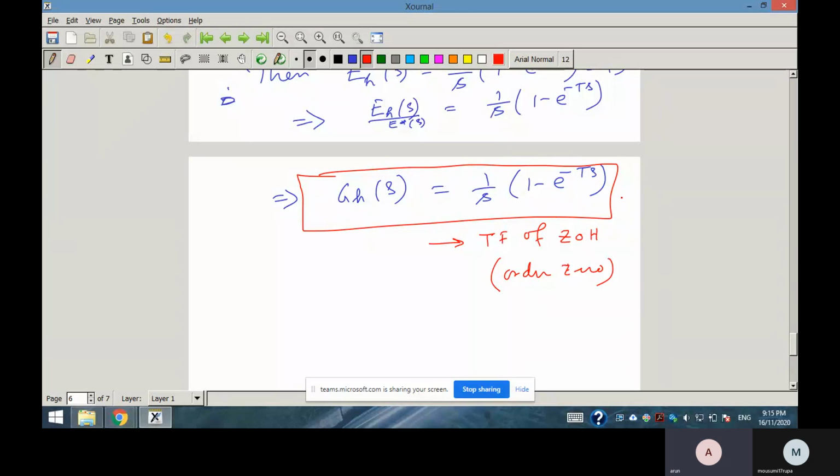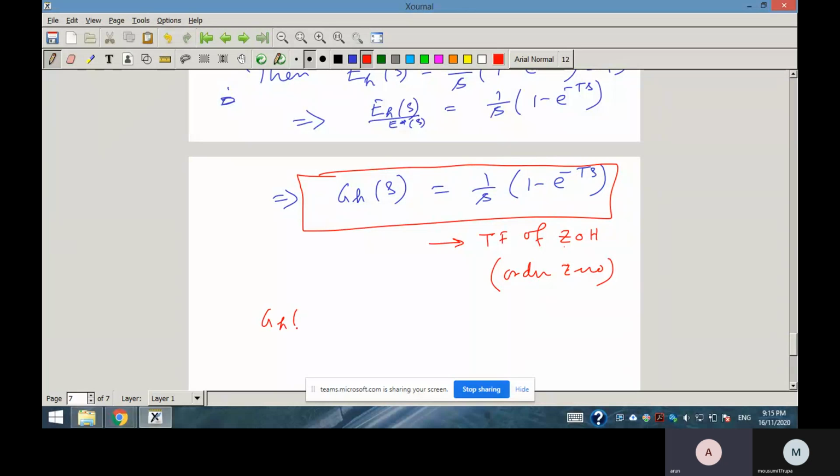If we expand e to the power minus Ts, it will be 1 minus Ts by factorial 1 plus T square s square by factorial 2 and so on. Because of the presence of 1, the 1 will get cancelled, and ultimately it will be of zero order.